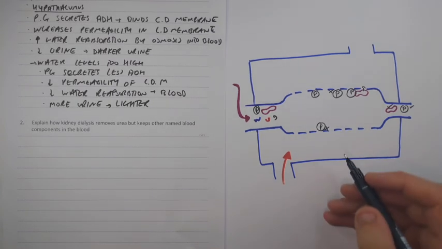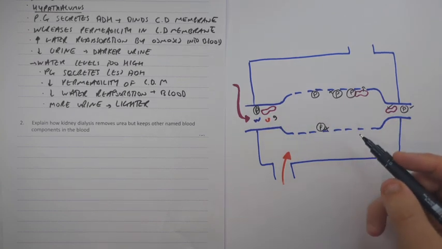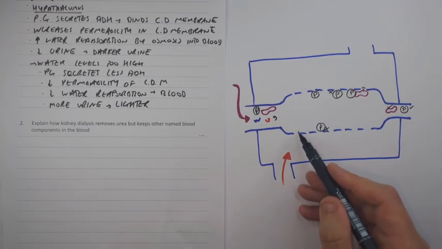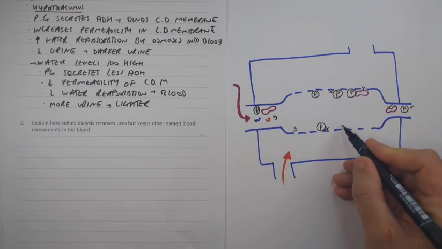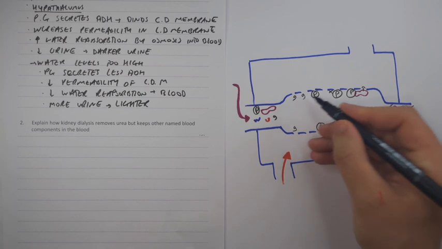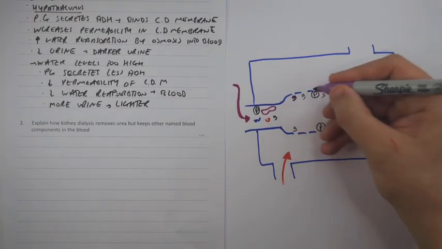Secondly, the glucose. If it's in too high a concentration here, let's use a different color. So imagine all of this glucose here.